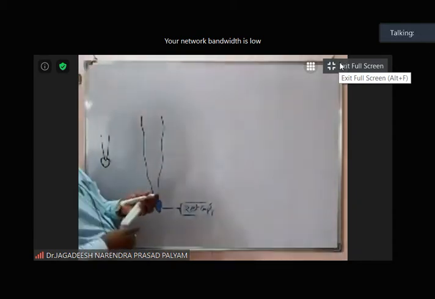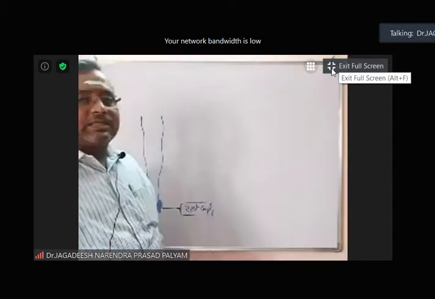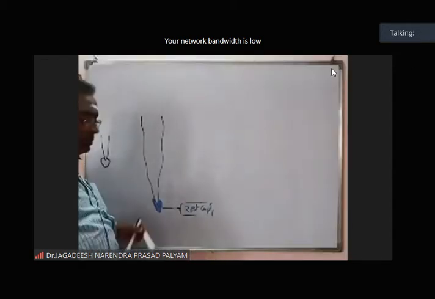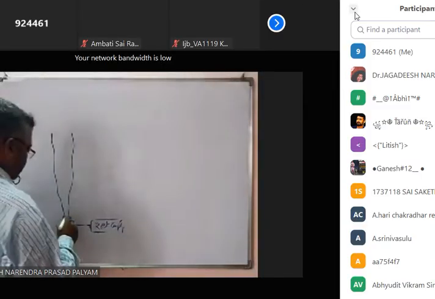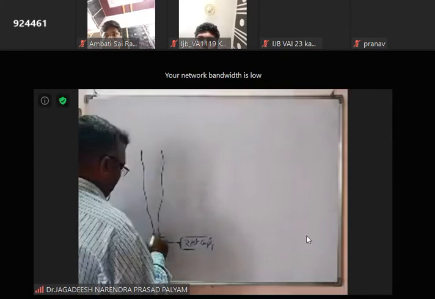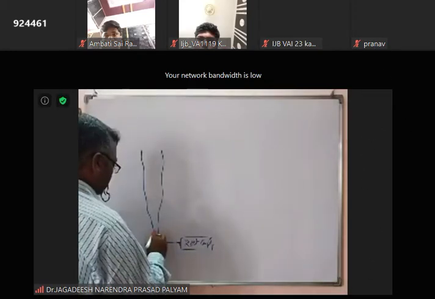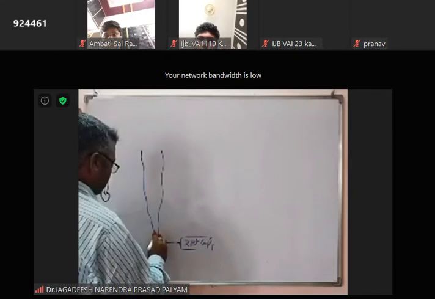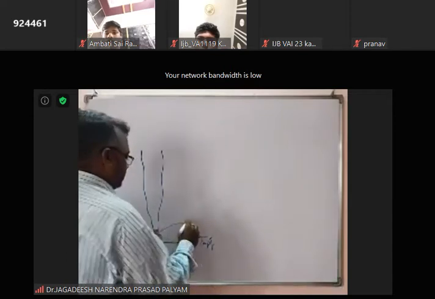Now look at here. Yeah, you can see the tiles. Just proximal to the, just a few millimeters above, is the meristematic zone.